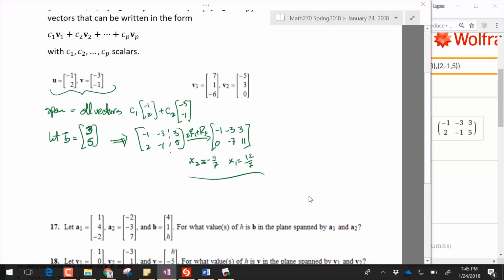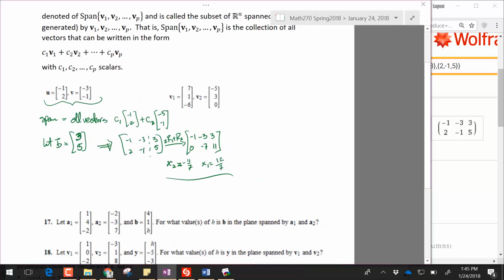Anyways, we get a solution. In fact, Nate was alluding to the idea of just saying instead of this particular 3, 5, what if I generically put xy here? Actually, this should have been C1 and C2 because that's what we denoted in the notes as the weights.